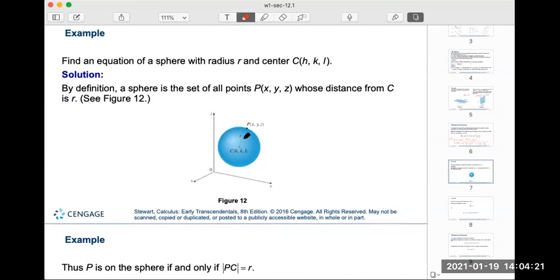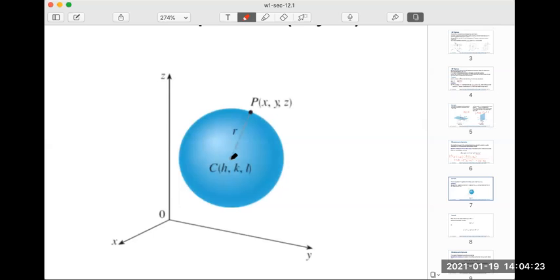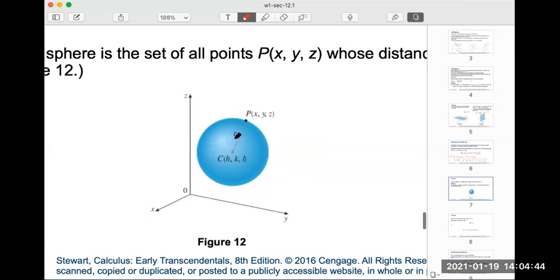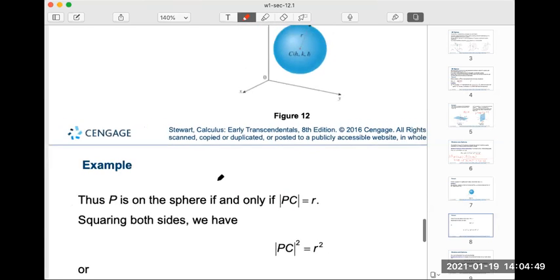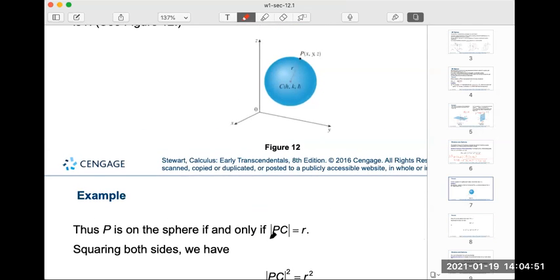And here the sphere, suppose P is any point belonging to that sphere, and the P coordinate is x, y, and z. It could be anything, just x, y, and z. H, K, L is given. So from the distance formula, we know that the distance from P to C should be r here, right?